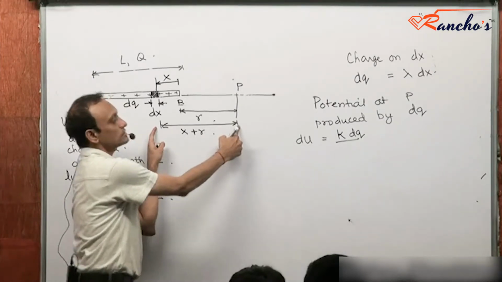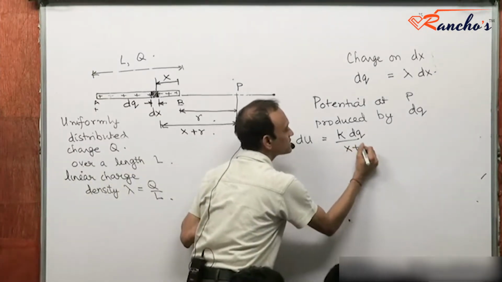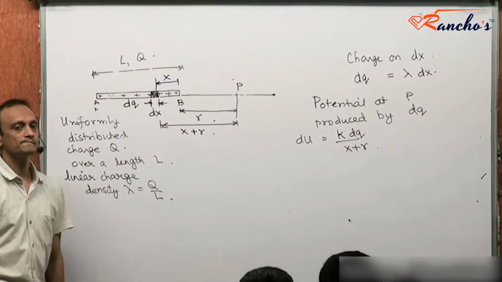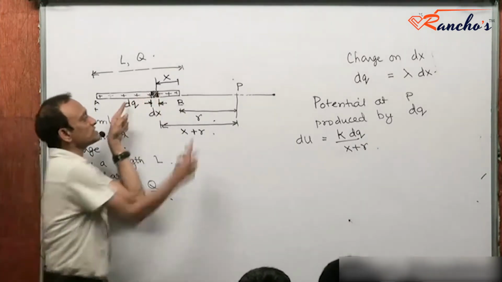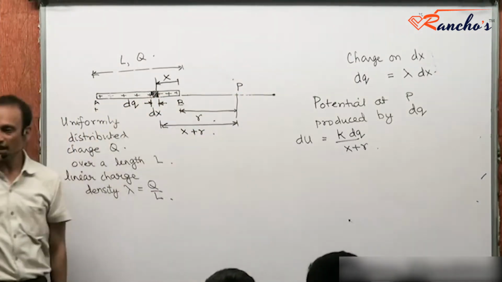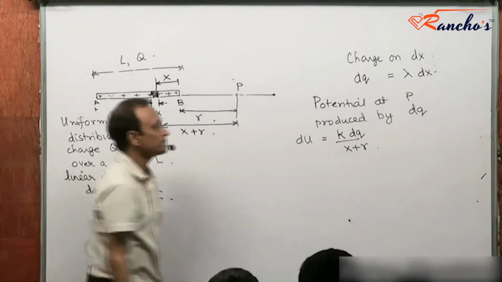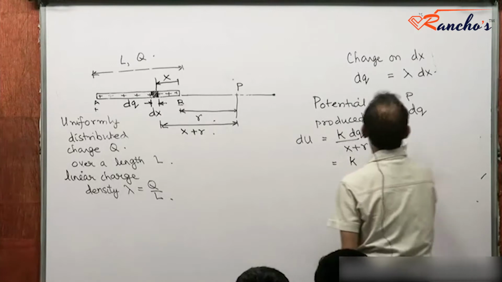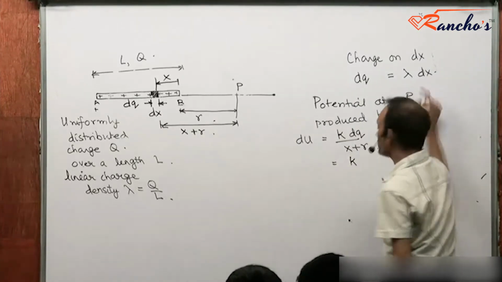K times the charge on this divided by the distance. That's the potential at P produced by this dq, where dq is lambda into dx.